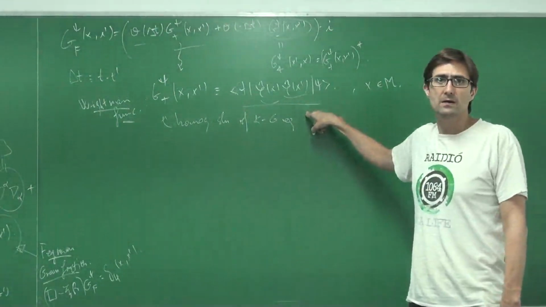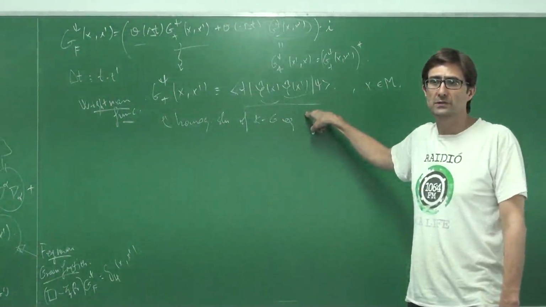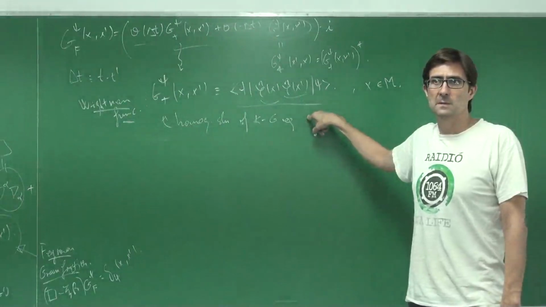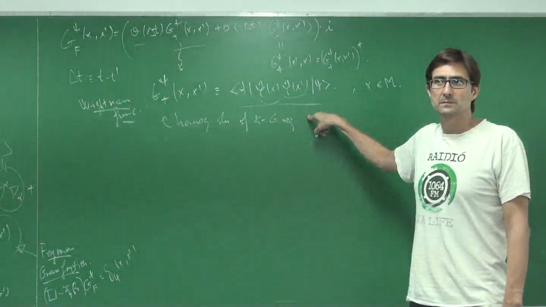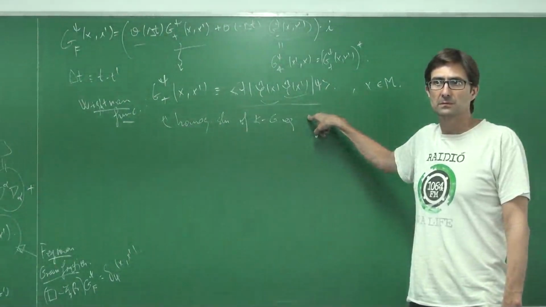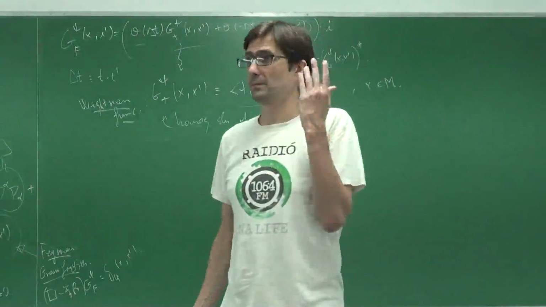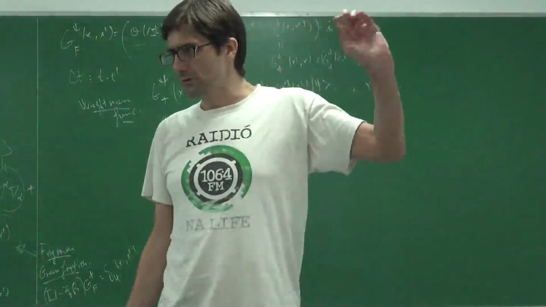Is this regular? Does this diverge or is it regular? This should be regular, because it's two different points. So in principle, it is regular.